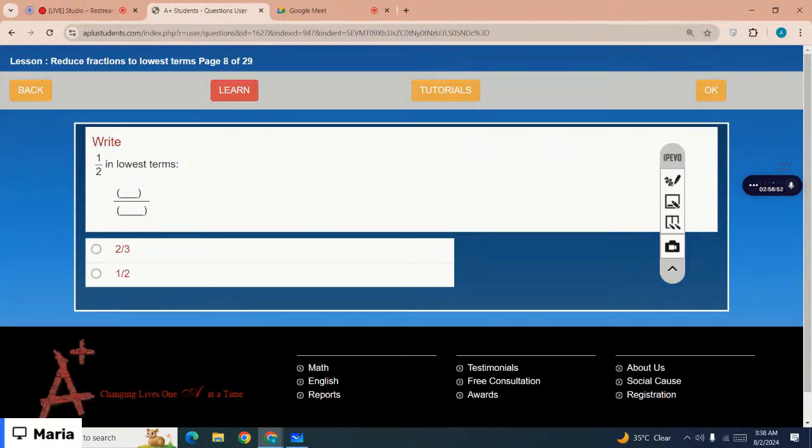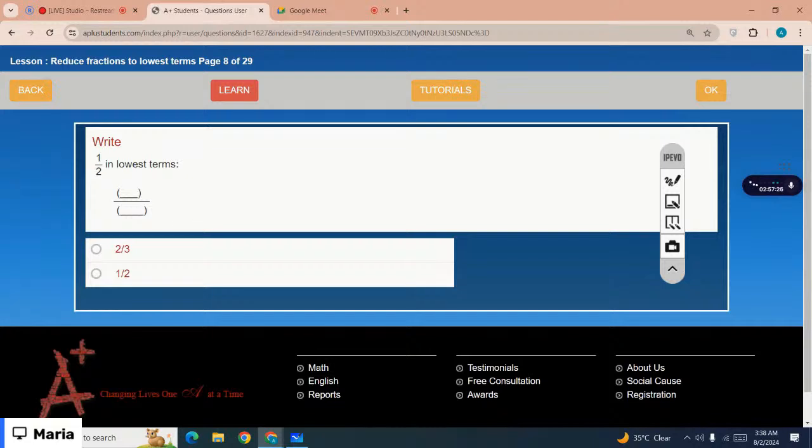1 by 2 is already in the lowest form, right? The correct option is 1 over 2. Okay, write 1 by 2 in the lowest terms.